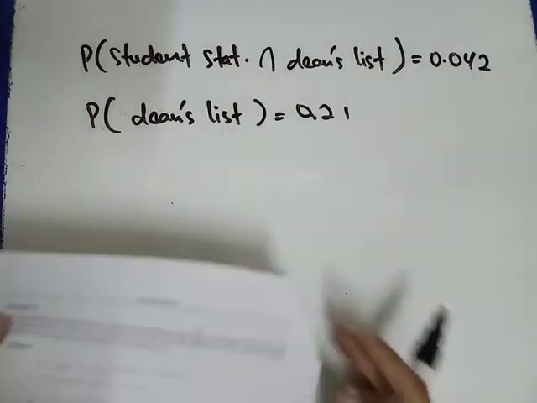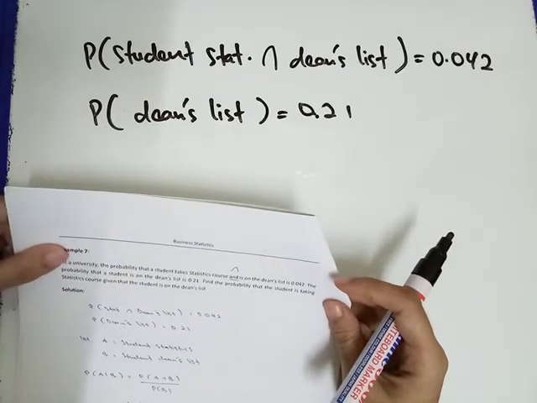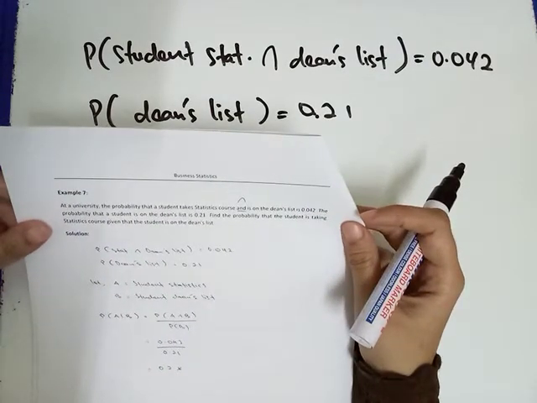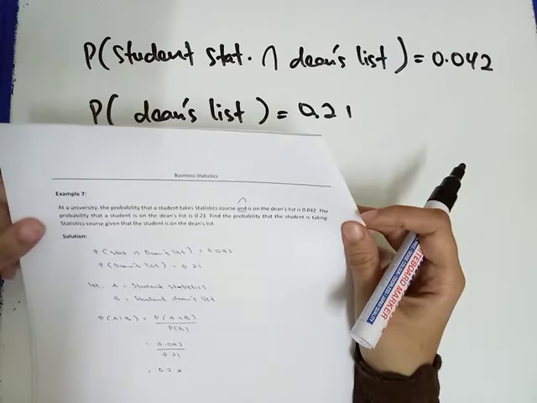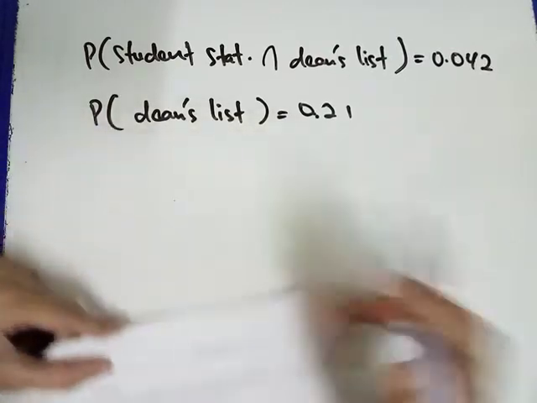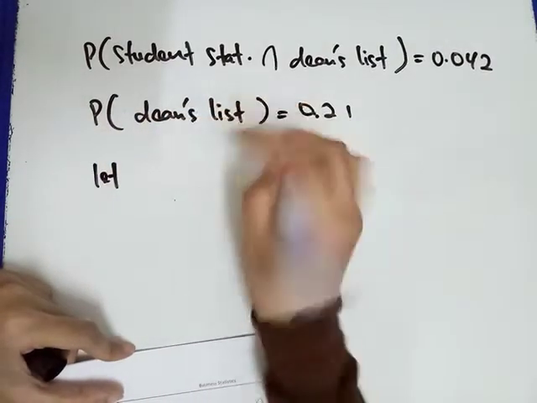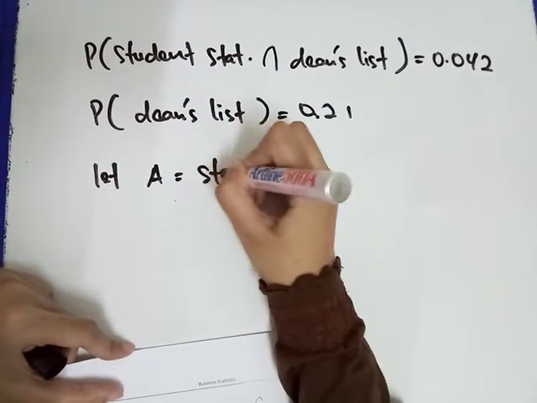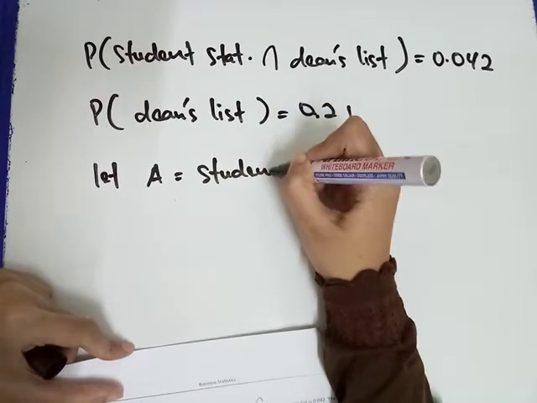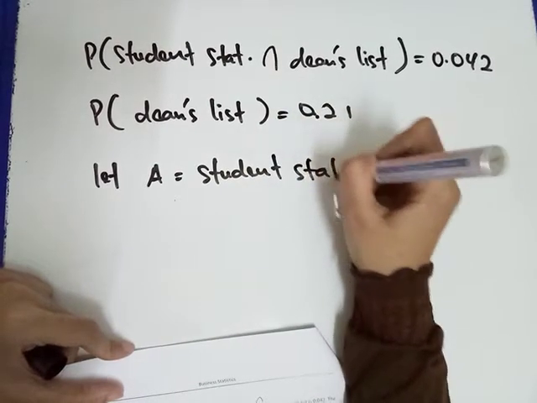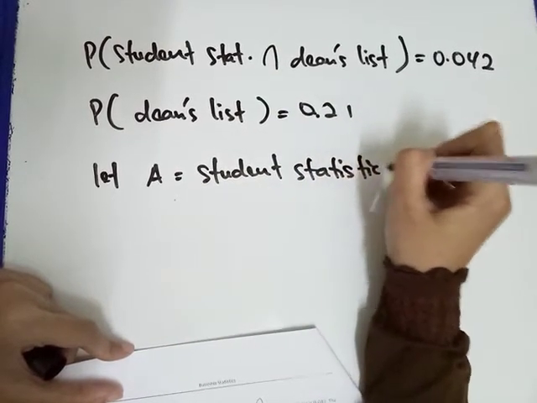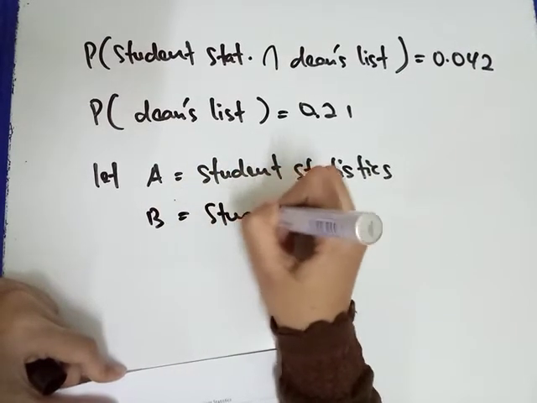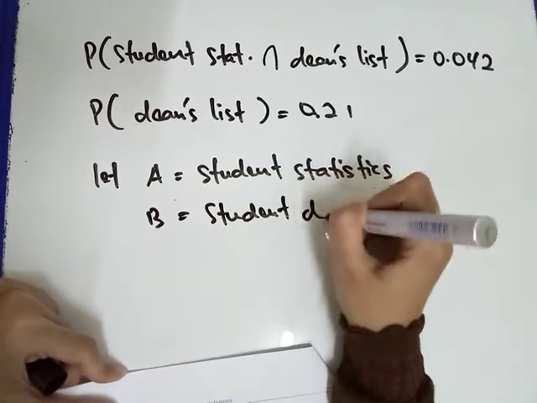Okay, and then find the probability that a student is taking statistic course given that the student is on the Dean's list. Okay, ada perkataan given kat situ. Okay, so kita letkan dulu. Okay, sebab dia ada dua event kat sini. Kita letkan A sebagai student statistic, and then B student Dean's list.